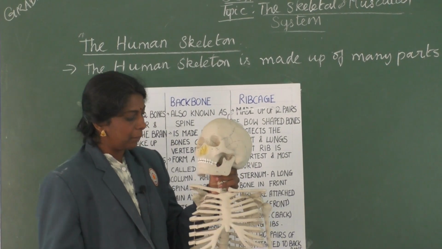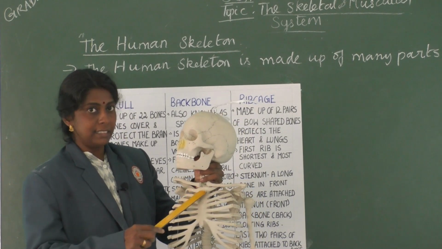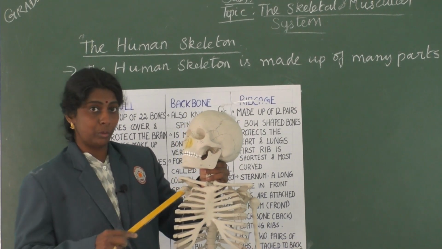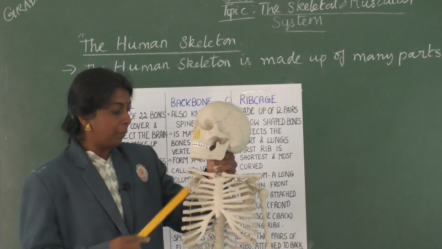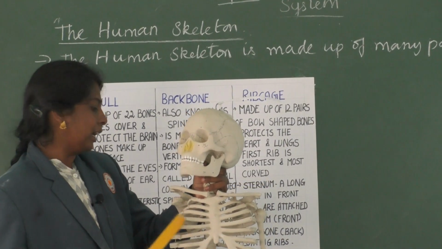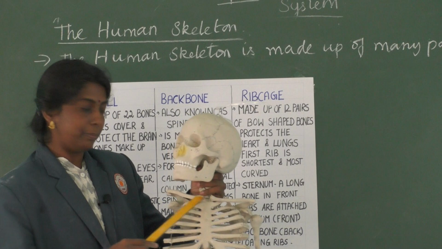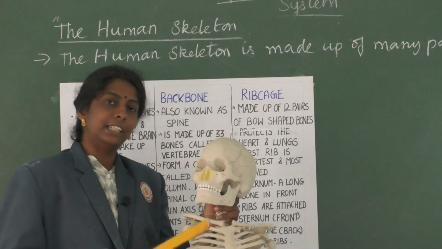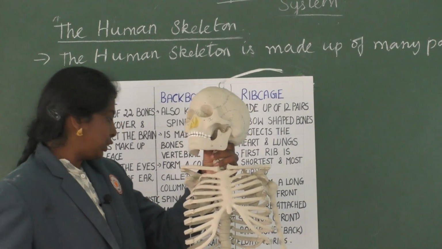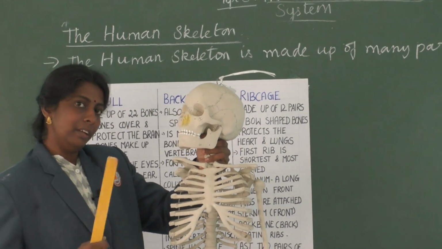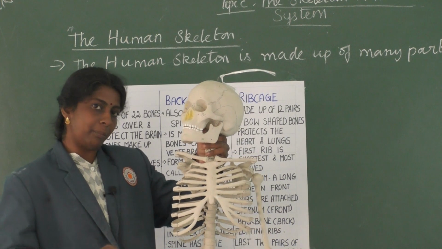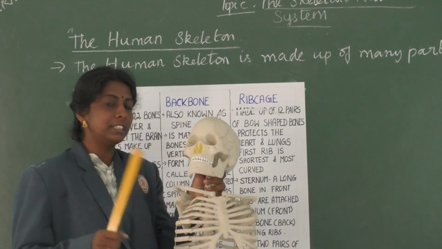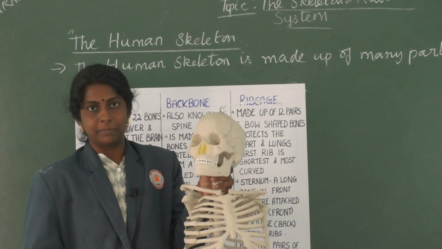So kids, remember this central part is the sternum. There are 12 pairs of bow-shaped ribs. The first rib is the shortest and most curved rib, and the last two pairs attach only to the backbone, which is why they are also called floating ribs.